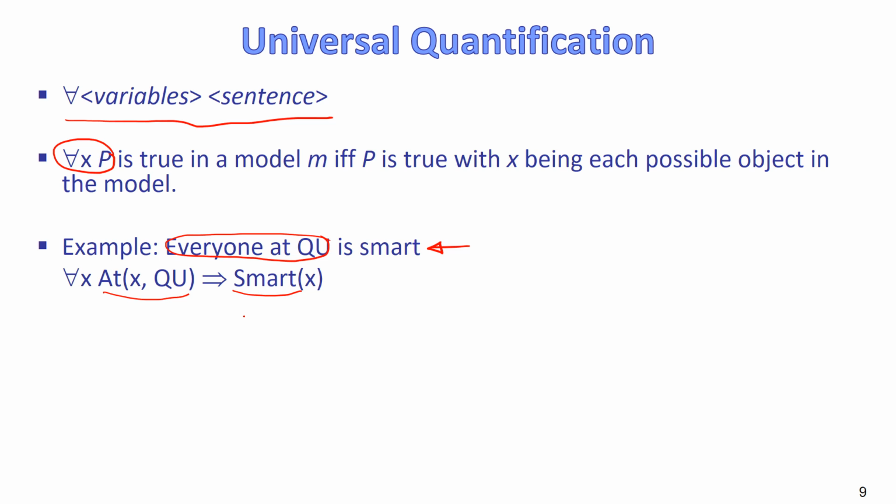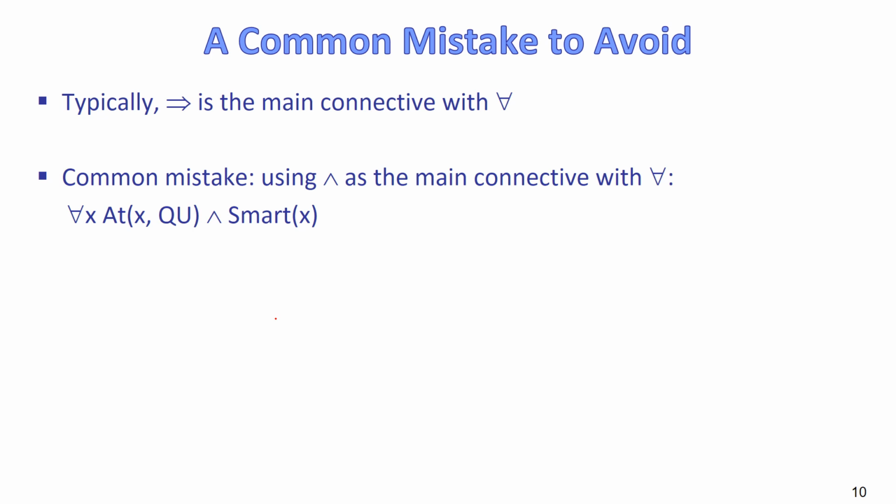Now there is a common mistake that you should avoid when you deal with for all. Sometimes we tend to use and as the main connective instead of implies. So let's look at this example.